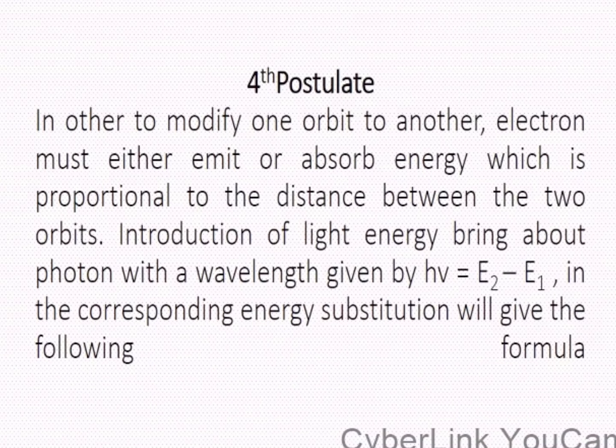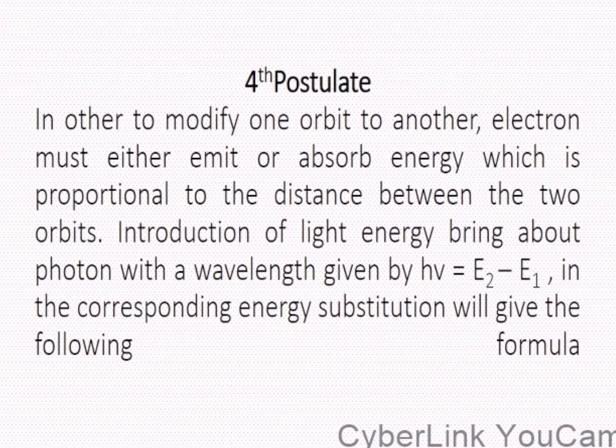The fourth postulate, which is the last postulate: in order to move from one orbit to another, electrons must either emit or absorb energy, which we discussed in our previous video, proportional to the difference between the two orbits.